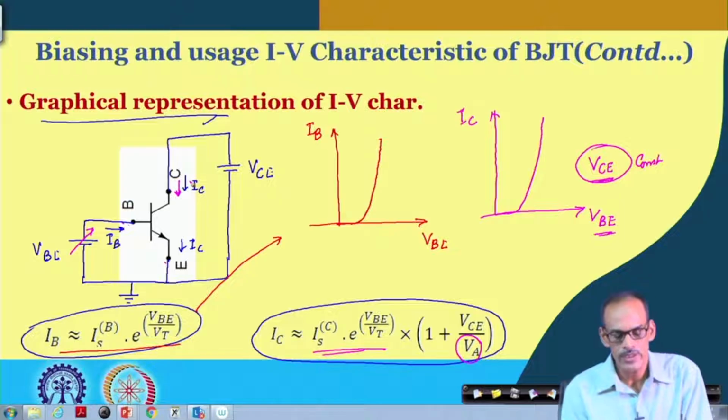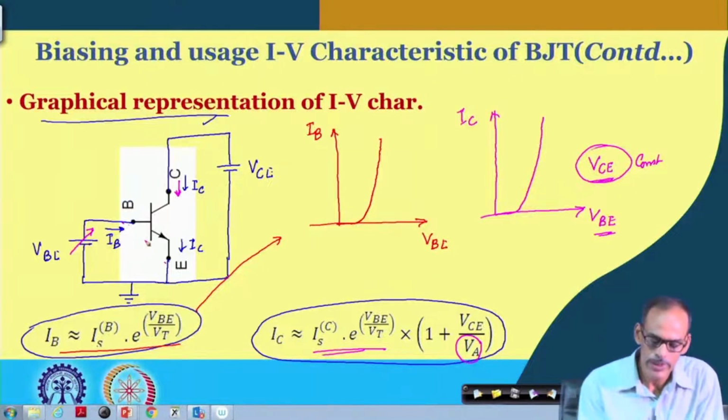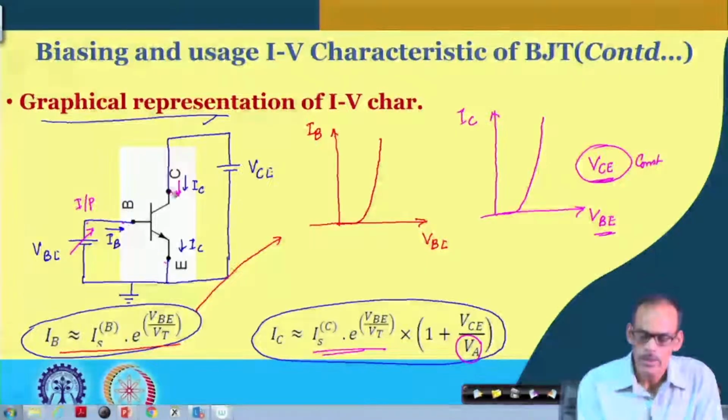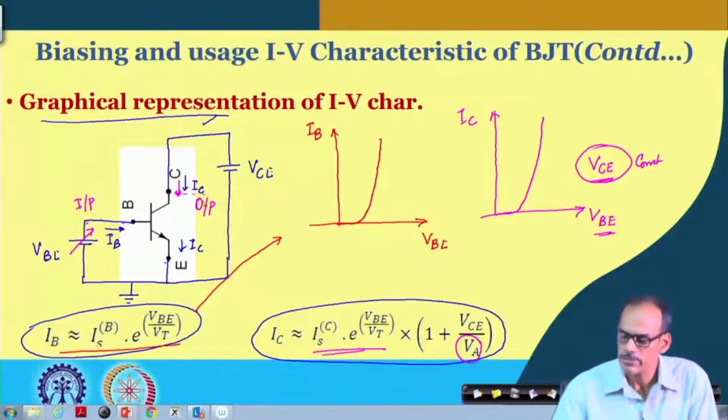And down the line we will see that for many applications we consider this as the input. So, we can say that this is the input port from base to emitter, and at the collector we are observing the corresponding effect, and this will be treated as the output.